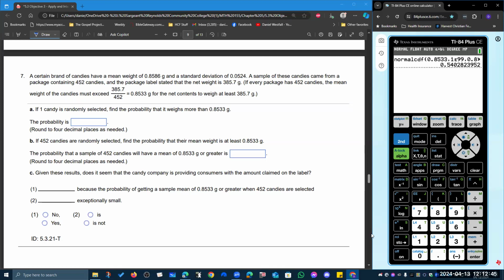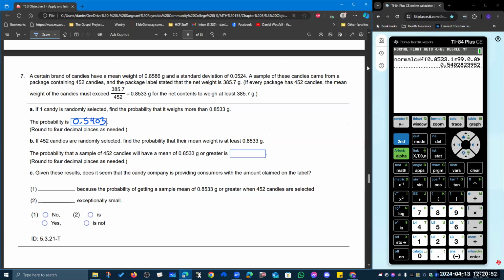And we have not the answer that I was expecting. Give me just a second. All right, we're just going to go with this number here, 0.5403, as that's what we should get following the process there.